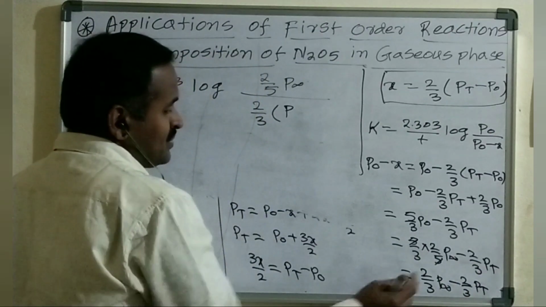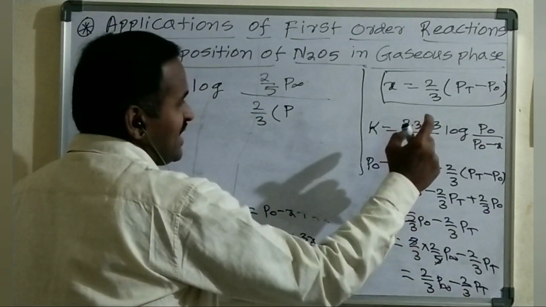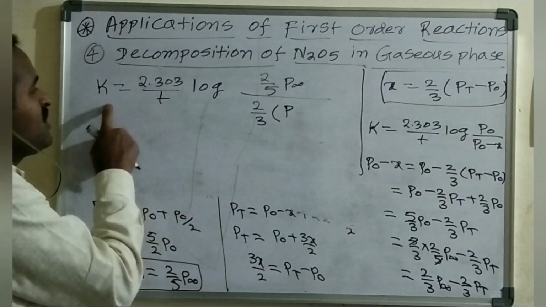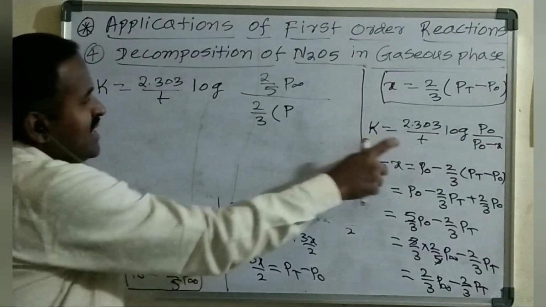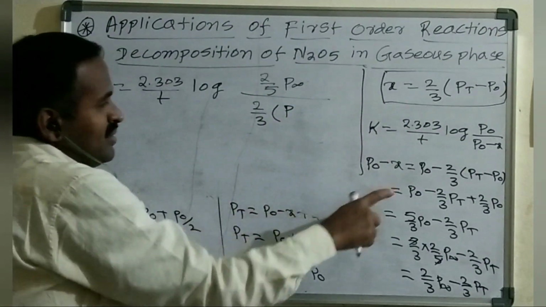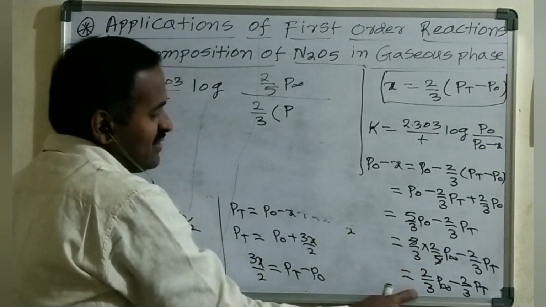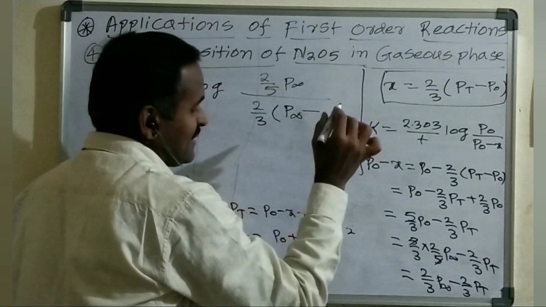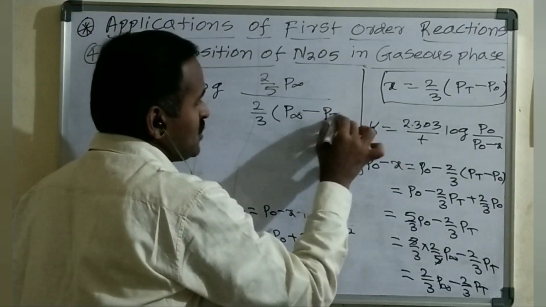Now substitute the P naught value in the equation: k equals 2.303 by t log of 2 by 5 P infinity divided by 2 by 3 P infinity minus 2 by 3 P total.